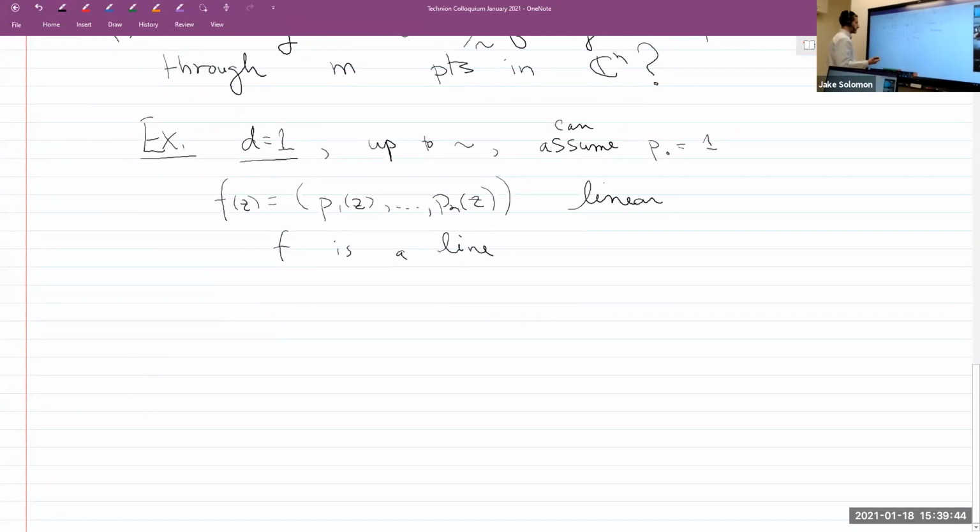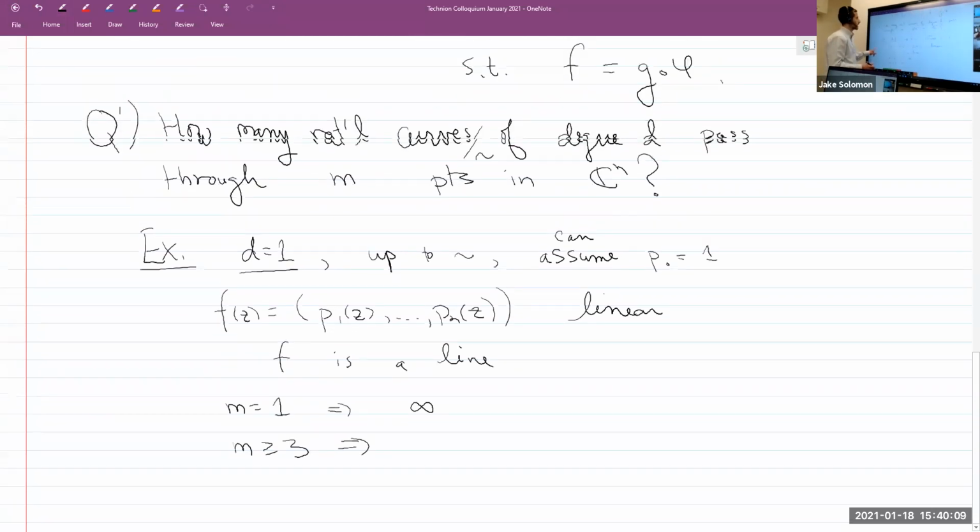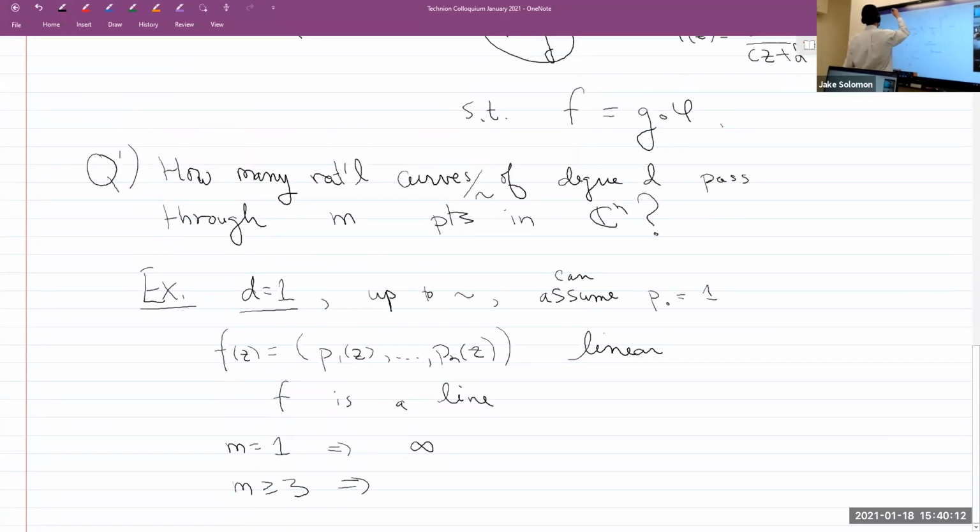And if we consider m equal to 1, then there's an infinite number of lines passing through a point. And if we consider m equal to 3 or more, let me give these points some names just for convenience: x1 up to xm.